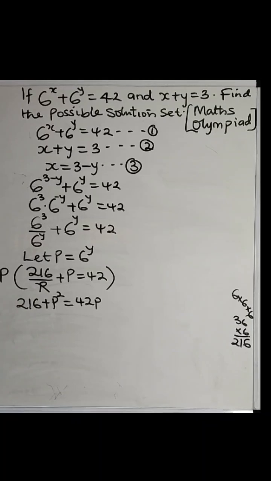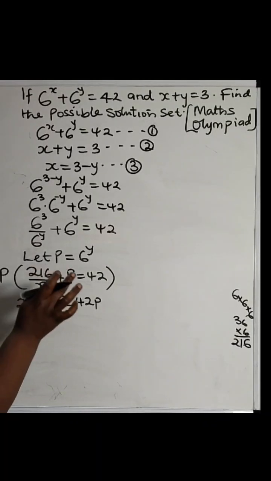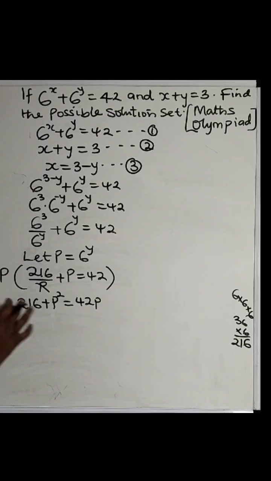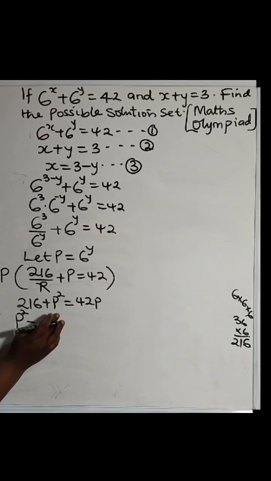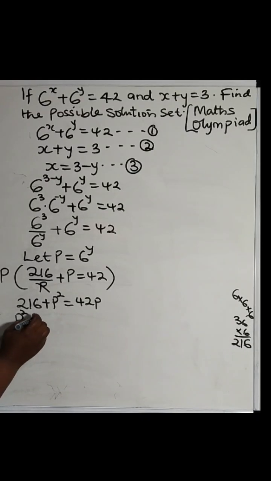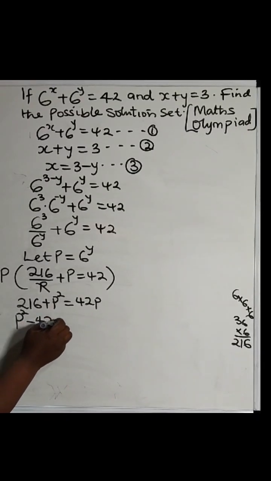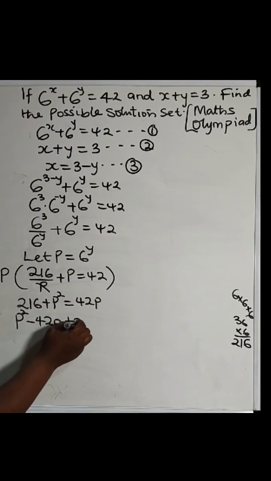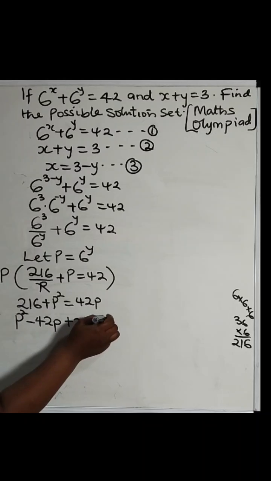We are going to equate it to 0. In equating it to 0, we arrange it. So we have p square. When this crosses the sign of equality, it changes to minus 42p plus 216 is equal to 0.